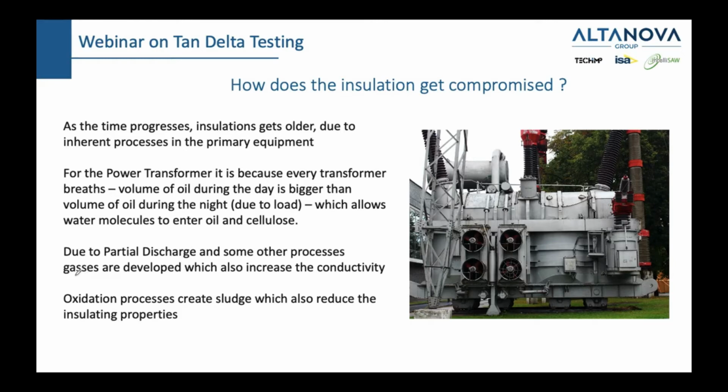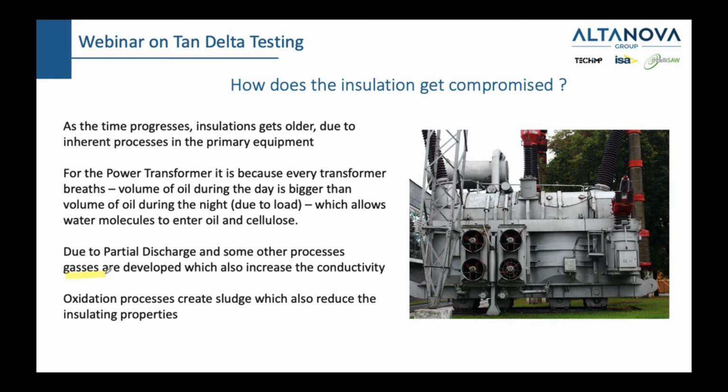And unfortunately, the gases also increase the conductivity of our insulating system, which is a problem. Also, we have an oxidation process, which creates a sludge, which also reduces the insulating properties and increases the conductivity. Acidity changes, and all this contributes to the deterioration of insulation.